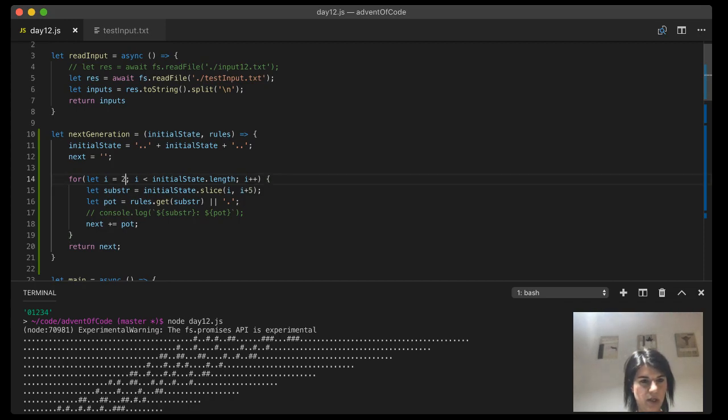So let's start at 2, which means I need to add the 0 in the first one. I'm adding 2 more so we can subtract these 2 that I added. And then I'm slicing i minus 2 to i plus 3.